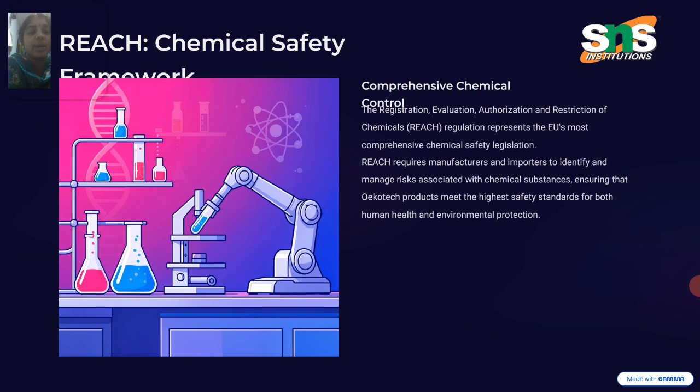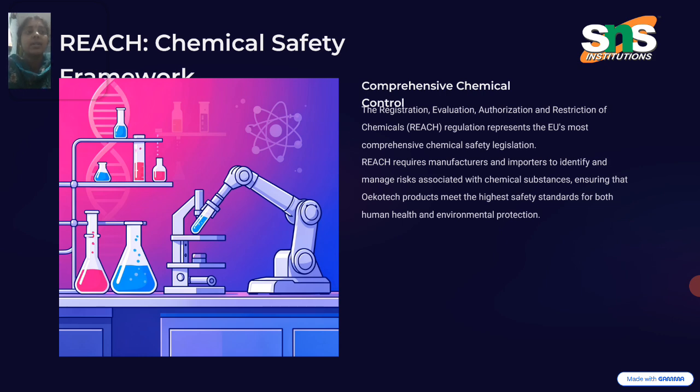Next one is the REACH chemical safety framework, for chemical control. The Registration, Evaluation, Authorization and Restriction of Chemicals, that is the REACH regulation, represents the EU's most comprehensive chemical safety legislation. REACH requires manufacturers and importers to identify and manage the risks associated with chemical substances, ensuring that Oekotech products meet the highest safety standards for both human health and environmental protection.